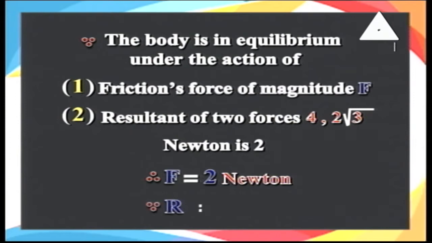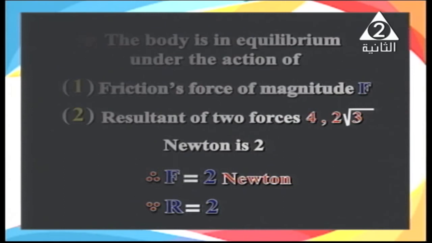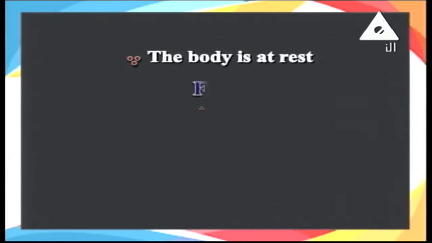The resultant reaction force R equals the weight, the body is at rest. Then F, the friction force, is smaller than or equal to mu s R. What is the meaning of mu s? The coefficient of static friction. R is the normal reaction, F is the friction force, and the body is at rest.